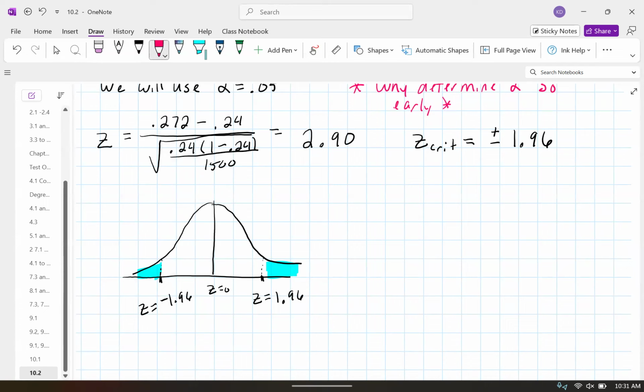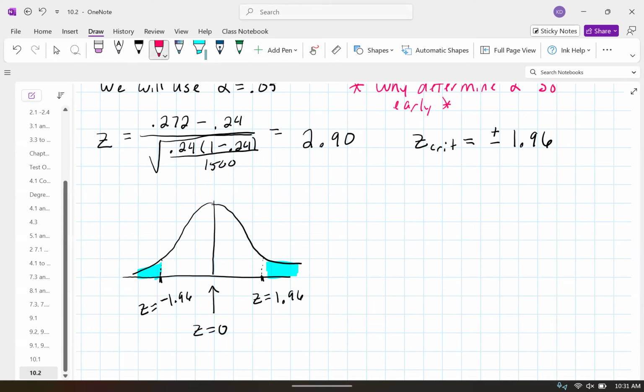Our Z value was 2.9. Where do we graph that? Is it on the left, in the right, in the middle? Well, Z equals 0 is in the middle. I have Z equals 1.96.